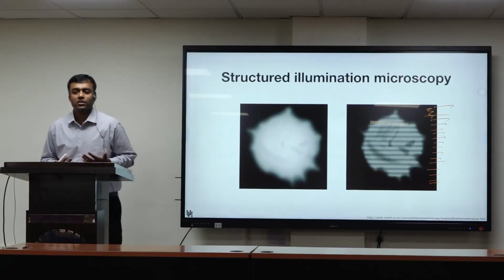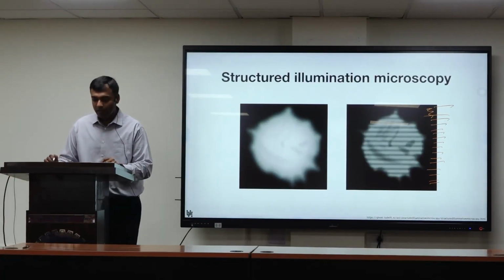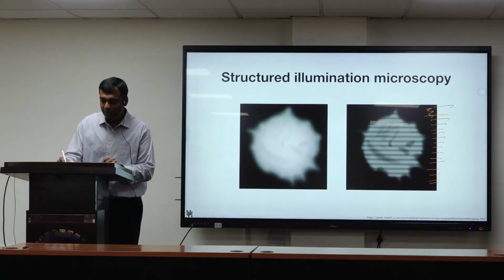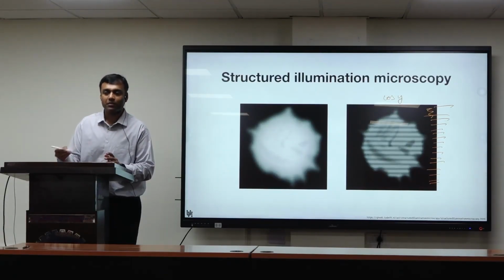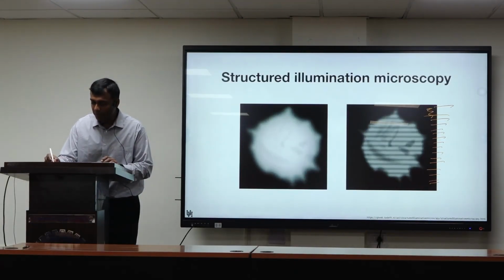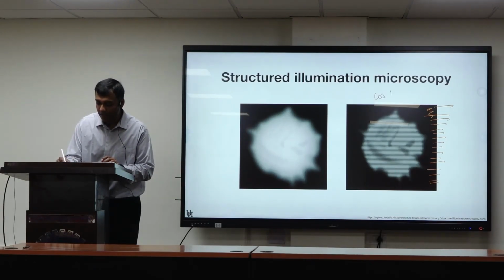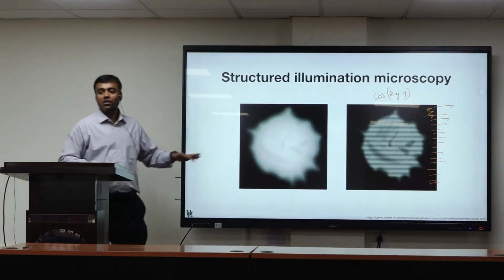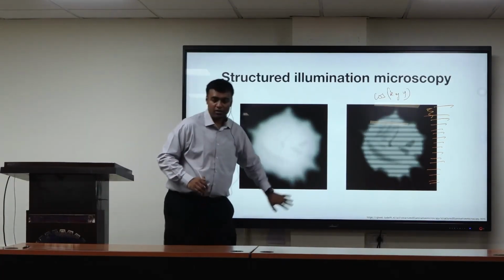So why is this interesting and why is this useful? This pattern is something like cosine of k y. Let me write it this way. This pattern of illumination that you use is something of this sort, a cosine function on top of the object.